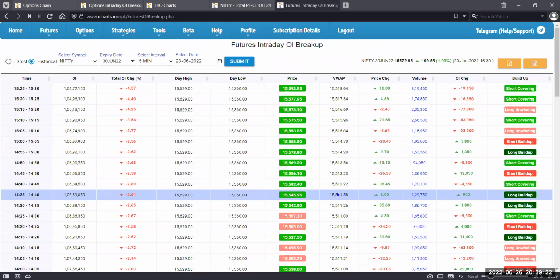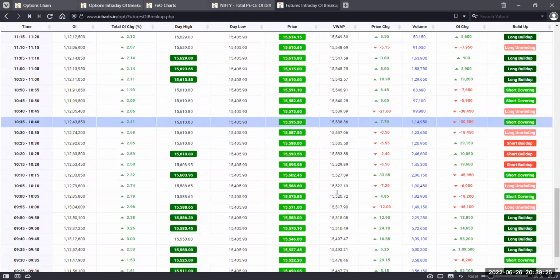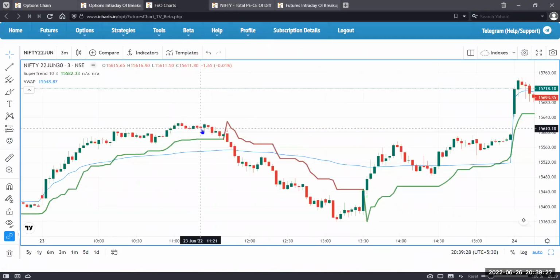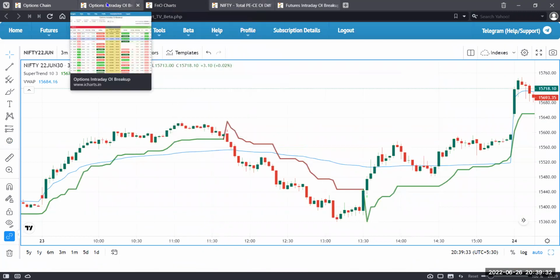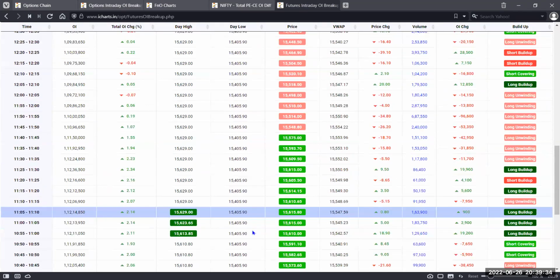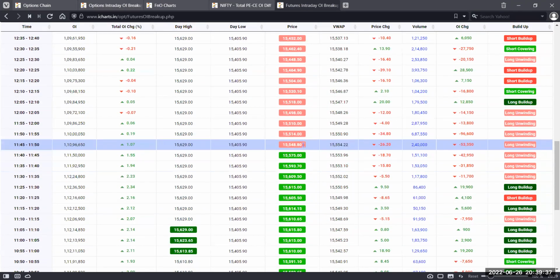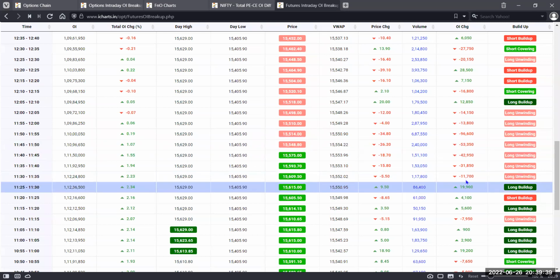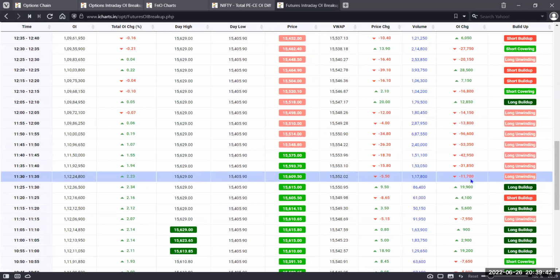Yeah, futures intraday OI breakup might probably be better. If you see that day, let us take a look around 11:30 or so that we were looking at. So futures intraday, the long unwinding started around 11:30, 11:35 this time. So it's almost the same. Because I think what is going to happen is as soon as you see something in futures, it is going to reflect almost instantly in the option prices.